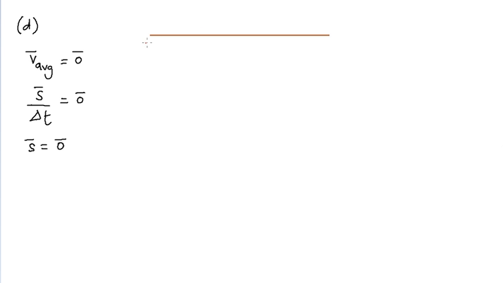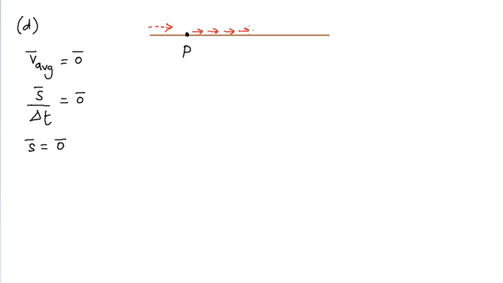So let's try to give an example. Let's say that the particle is moving along this straight line, and maybe the particle is moving from left to right initially, and when the particle passes through this point, which I'll call P, that's the time that you start your stopwatch. So that's the beginning of the time interval delta t. Now let's say that the particle continues to move right like that.